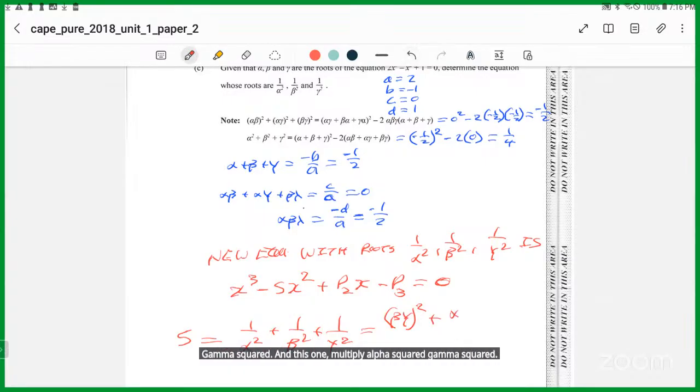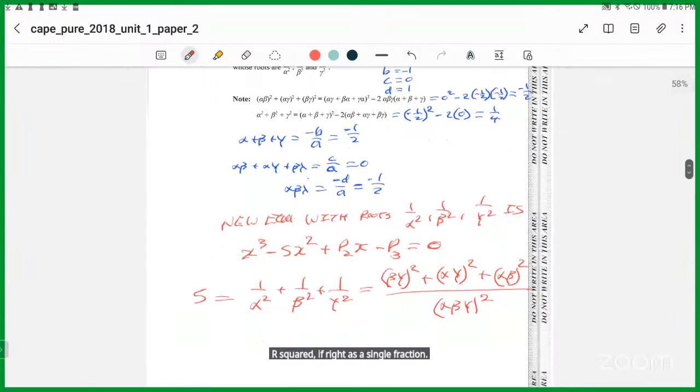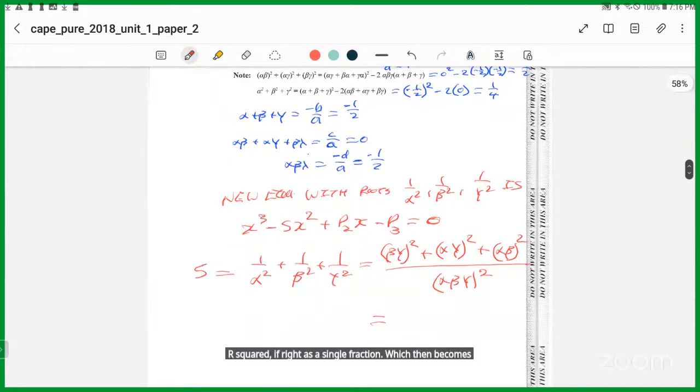So you're going to get alpha gamma squared, and then this one is multiplied by alpha squared beta squared, so you're going to get alpha beta squared all over, and then these three become the denominator, which is alpha beta gamma all squared, if written as a single fraction.